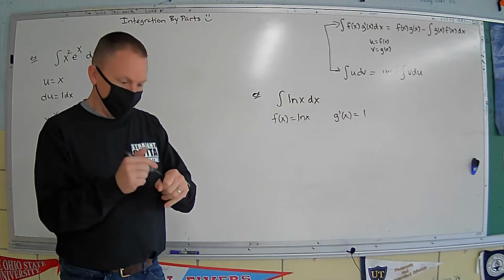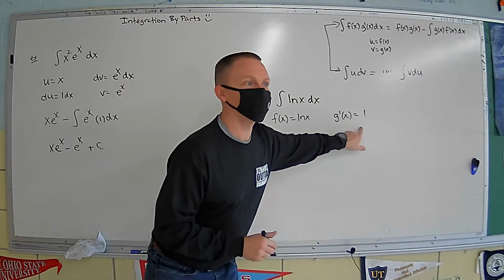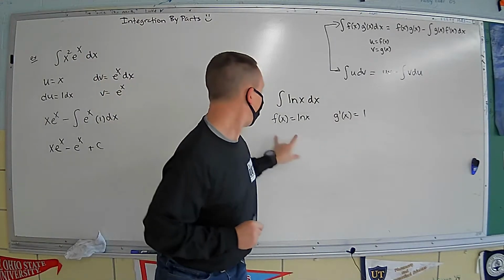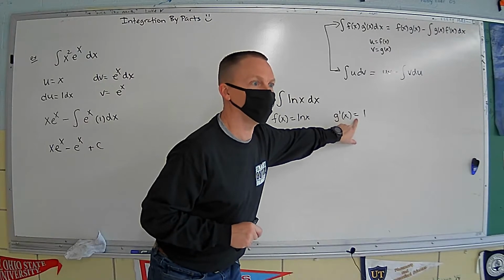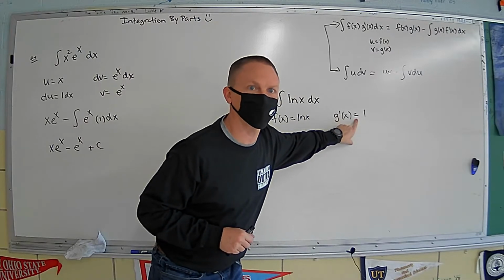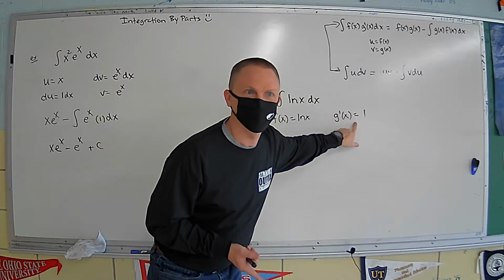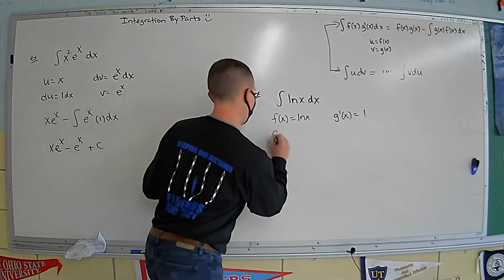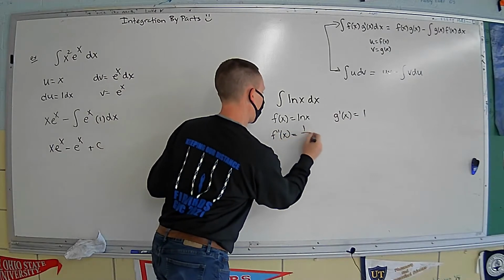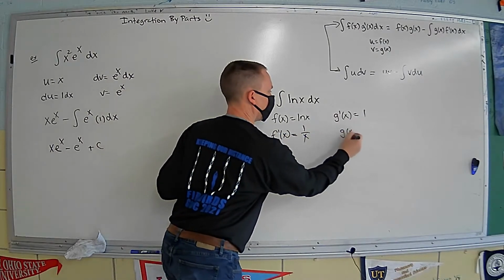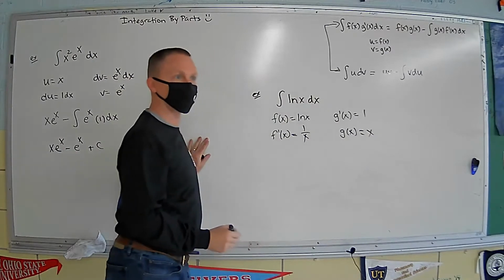Why is it that way? Because if you flip that, think about this for a minute, kids. If you flip this, you would have to anti-differentiate natural log of x. But that's what we're trying to do. What's f prime? 1 over x. What's g? x.